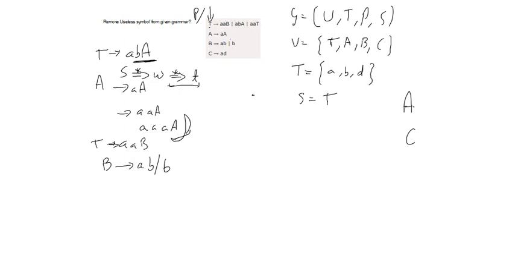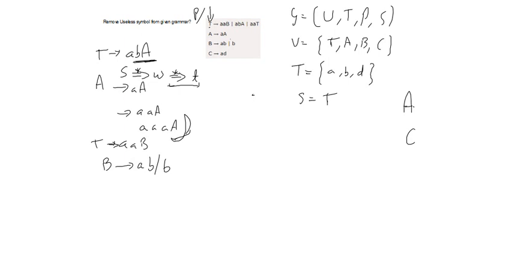Here A implies AA is there and it is not deriving to a single terminal symbol. So we cannot terminate the production. It will continue like infinity. So A is a useless symbol. Then we are taking B. B we can obtain from starting symbol T. Again, B is producing a terminal symbol.